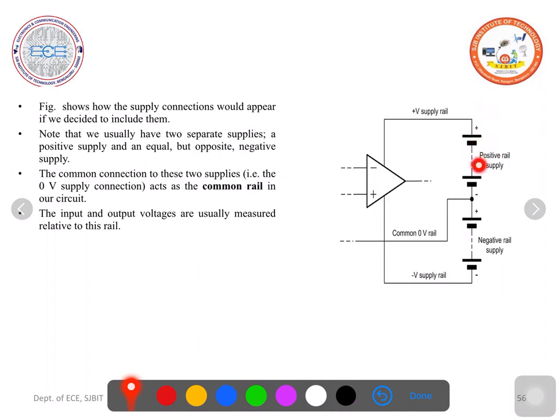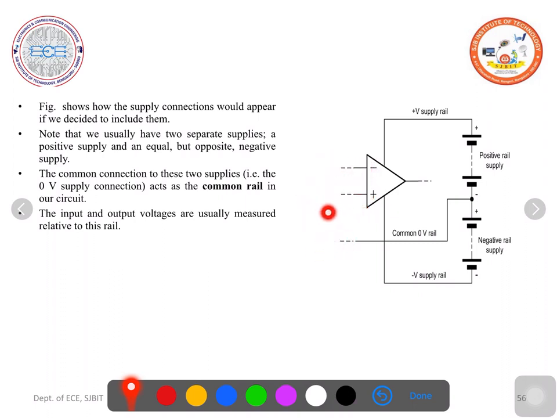So how does this supply look? This is nothing but a power supply of equal and opposite voltages. Here you can see a series of power supplies, positive, negative. The positive terminal is connected to plus VCC, the positive supply rail. Here the negative terminal is connected to the negative supply, plus 15 here, minus 15 here.